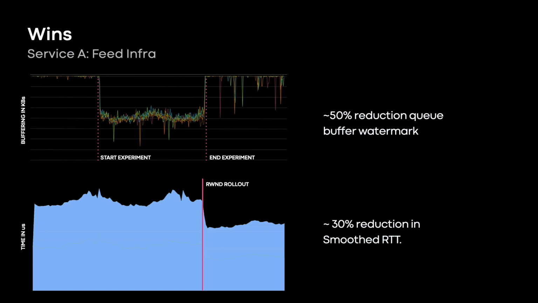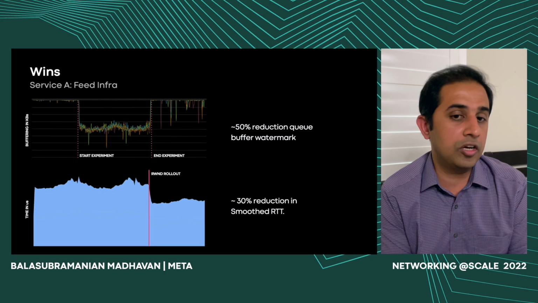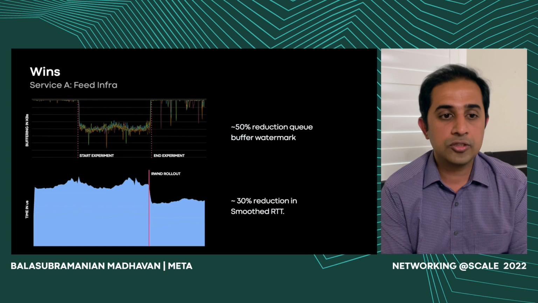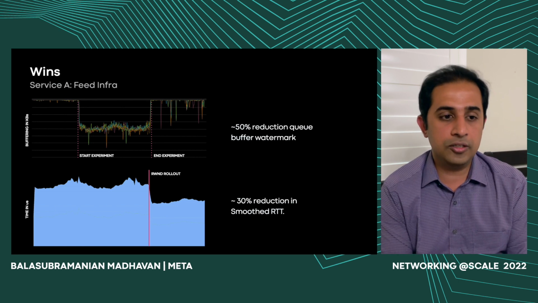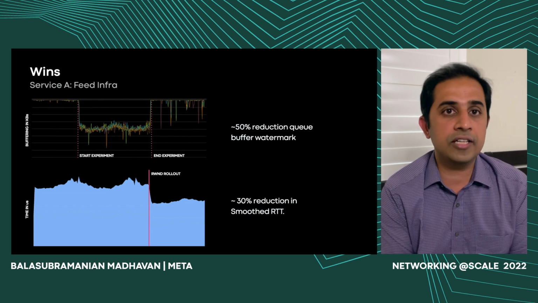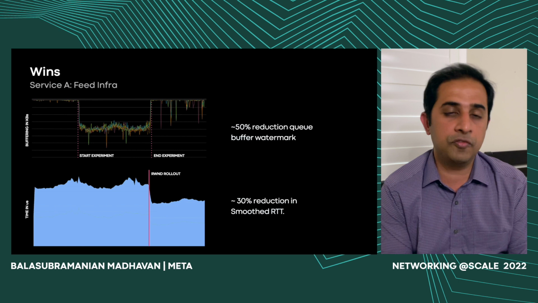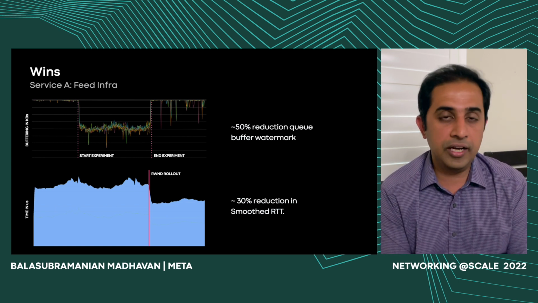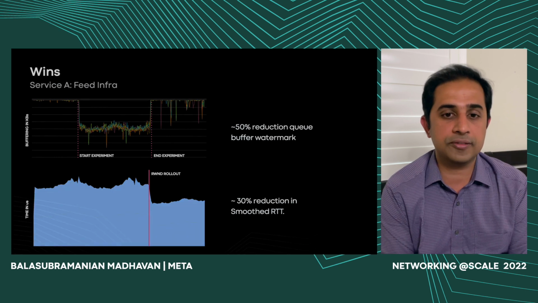We saw up to 80 to 90% of retransmissions reduced, and on top of that, we also saw a 50% reduction in queue utilization. What this translates to in the next chart is a 30% reduction in the SRTT, which eventually translated into latency wins for the services, achieved by reducing retransmissions and also by reducing the queue lengths.